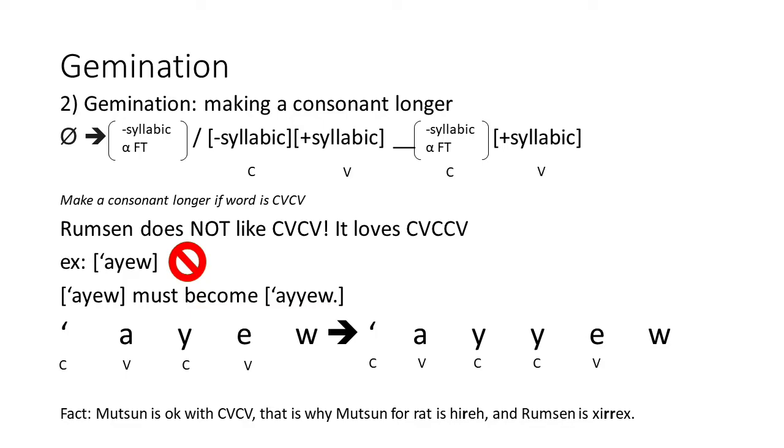So hire is Mutsun. Rumsen, of course, does not like that, so it becomes hirrech. Same thing with the word for rock. In Mutsun, it's irek. In Rumsen, it's irrek. You switch that stress to the second to last syllable if you double the middle consonant.